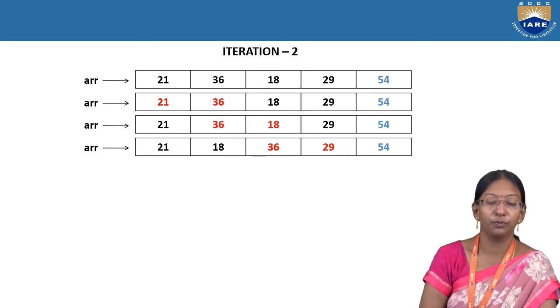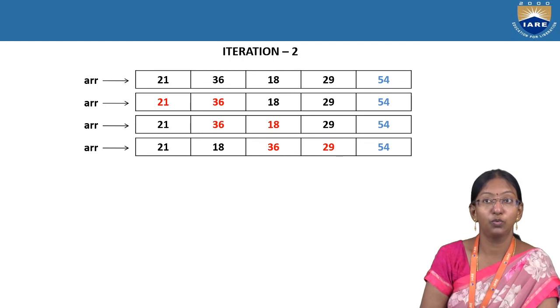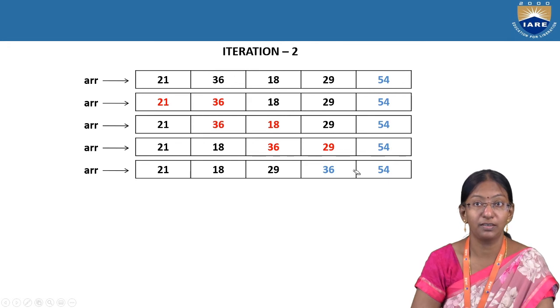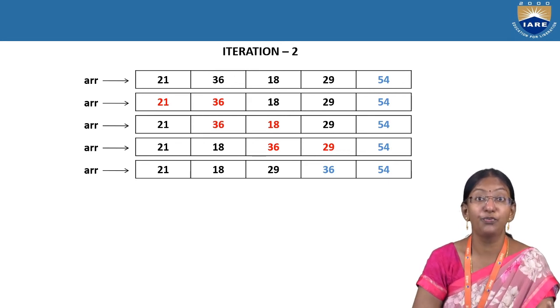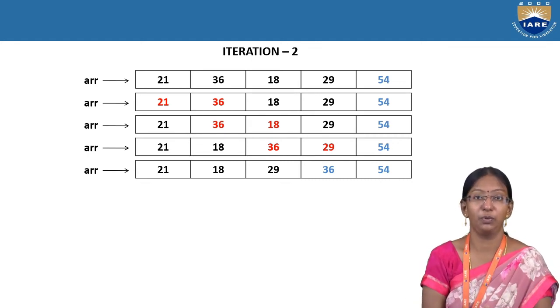Compare these two. 36 is greater than 29. It is violating the rule. Swap them. Once we swap them, I hope you can see that even 36 has come to its right position, which is the second largest element in your list. So it has frozen its place in the sorting.